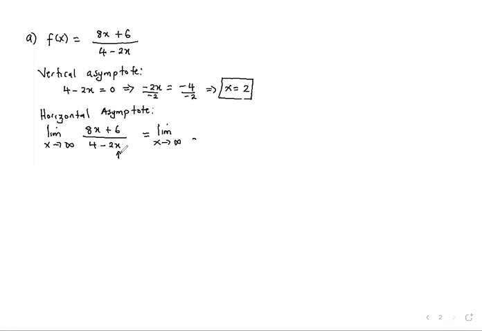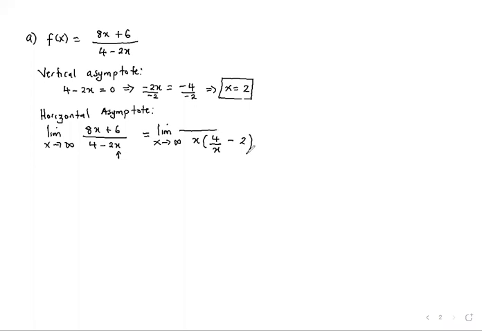So we'll factor out x in the denominator. Remember factoring out like we are doing in completing the square. When you factor out, it will divide throughout. So we'll have 4 over x minus 2, because it will be 2x over x, which is just 2.